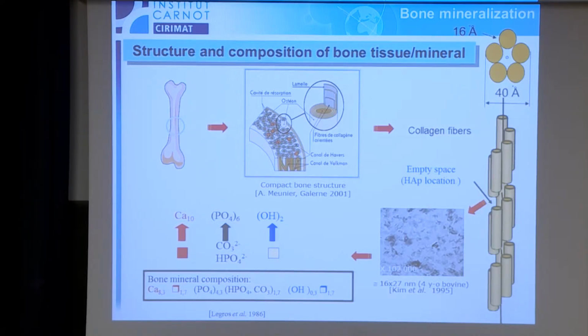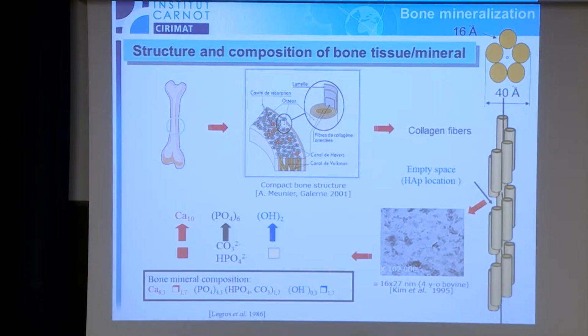If we look more deeply at the molecular level, we have the collagen fibers with the collagen fibrils, and it has been studied a lot, showing that the mineralization begins in this empty space here.